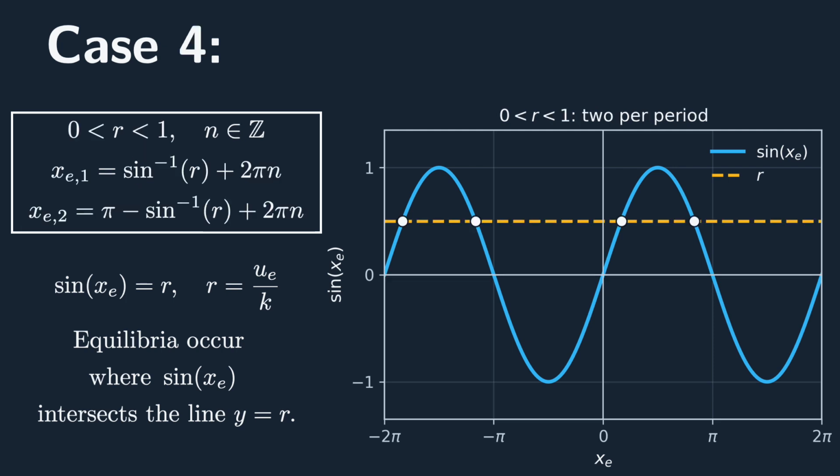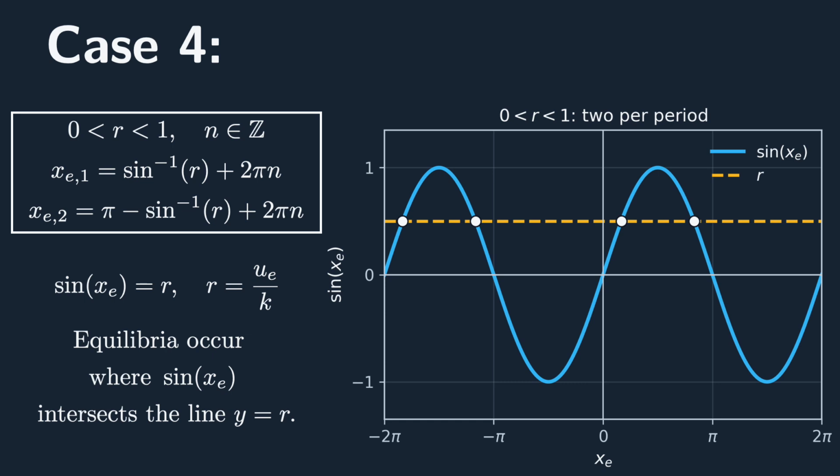Now consider r between 0 and 1. Here, the horizontal line cuts the sine curve twice in each 2 pi period. One solution is the principal value xe equals sine inverse r. For r between 0 and 1, this lies between 0 and pi on 2. The other solution comes from the symmetry of the sine curve between 0 and pi.